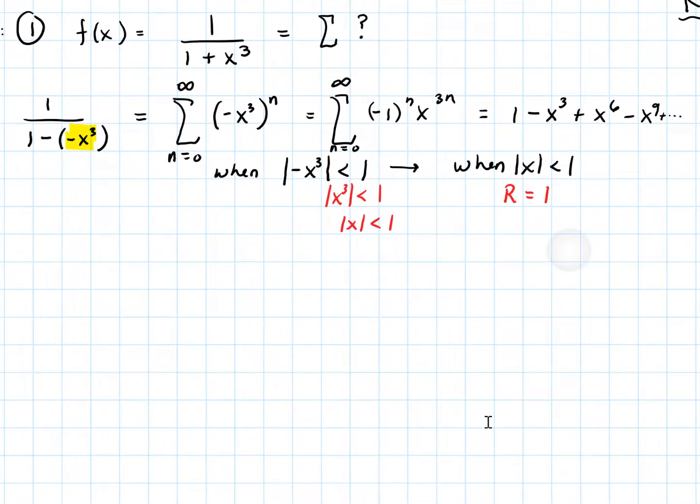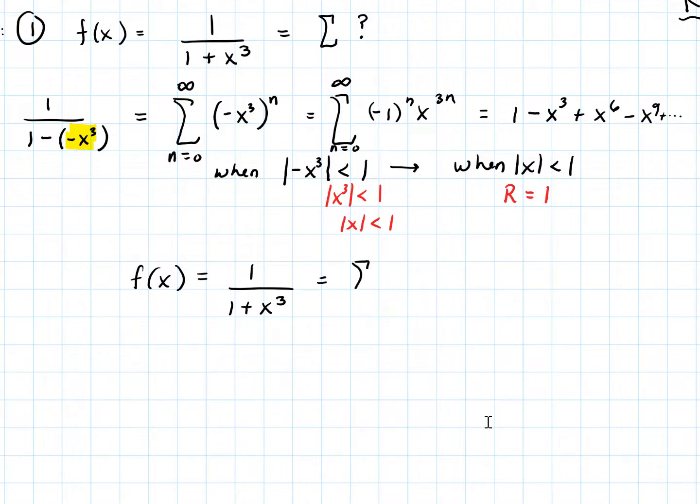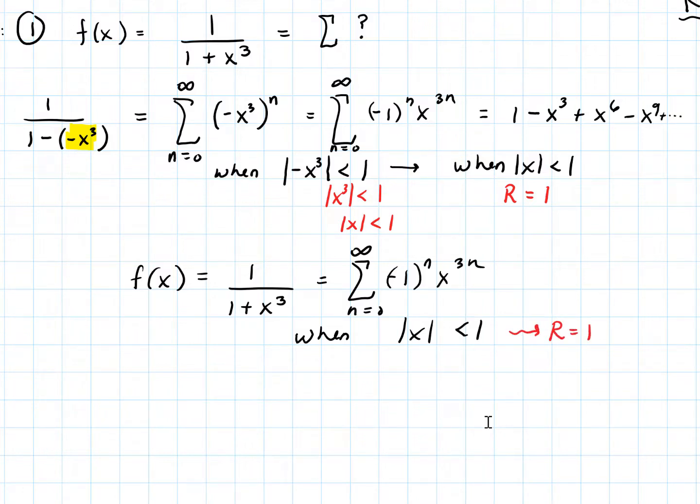So this function, f of x, 1 over 1 plus x cubed, is exactly equal to the power series from n equals 0 to infinity of negative 1 to the nth, x to the 3n, when the absolute value of x is less than 1, or the radius of convergence equals 1.